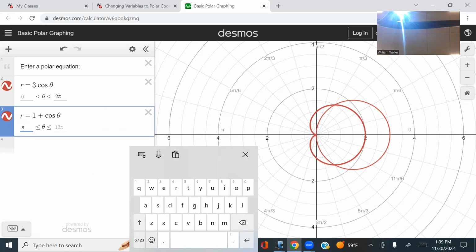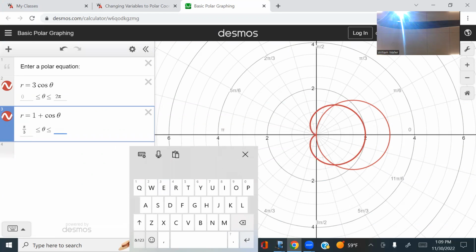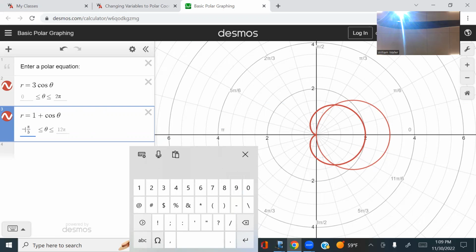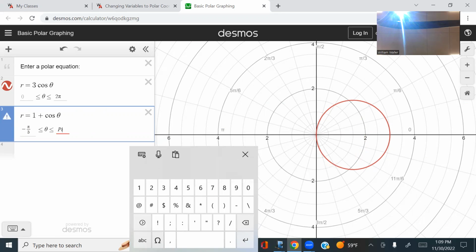Pi divided by 3, up to, this is minus pi divided by 3, and then positive pi divided by 3.